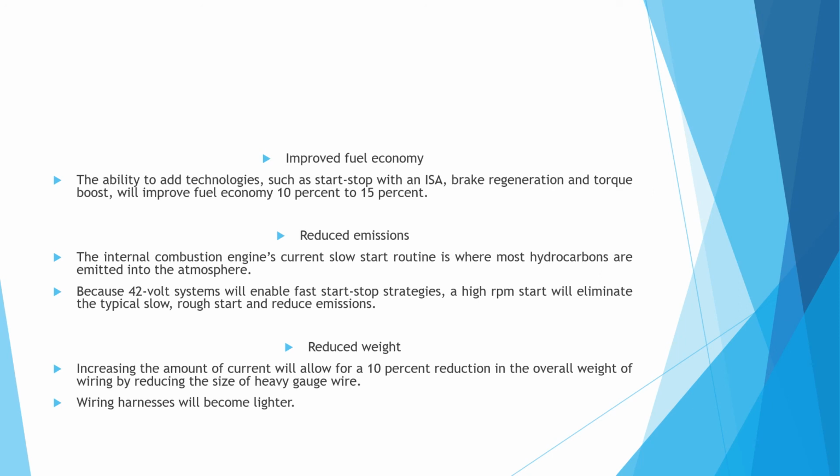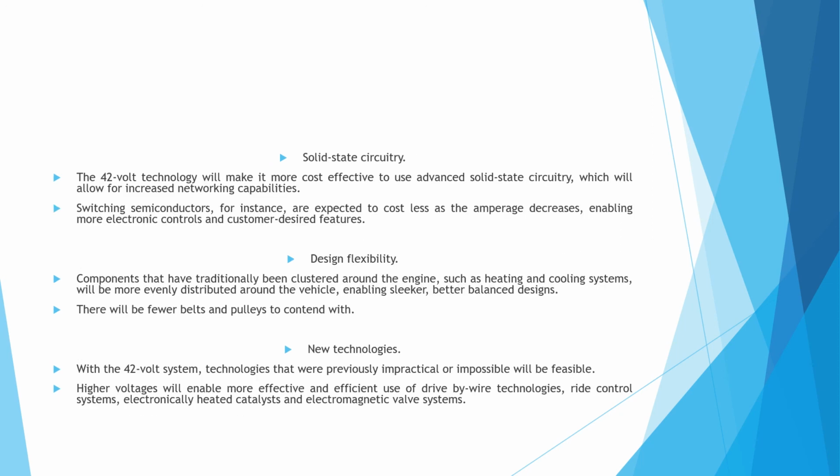Next is reduced weight. Increasing the amount of current will allow for a 10% reduction of the overall weight of the wiring by reducing the size of heavy gauge wire, and the wiring harness will become lighter. Next is solid state circuitry.